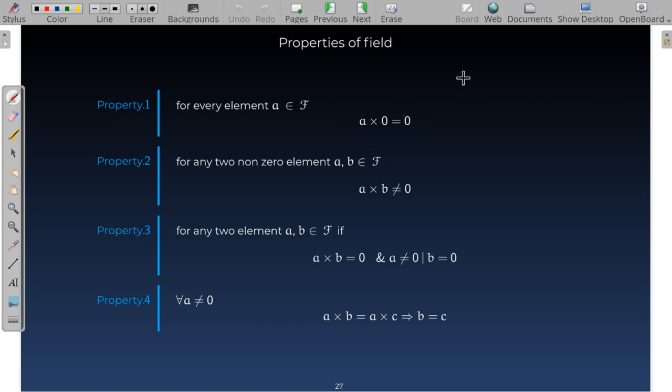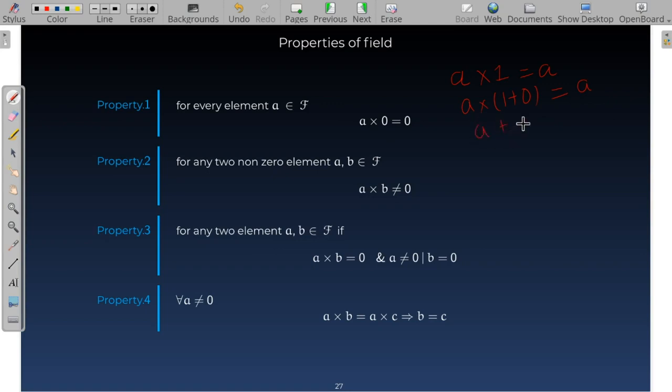Okay, so we already know that a times 1 is equal to a, right? So I can show that a times (1 plus 0) is going to be equal to a only, isn't it? Right?